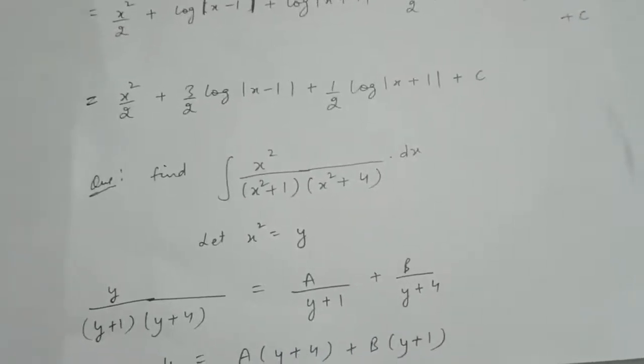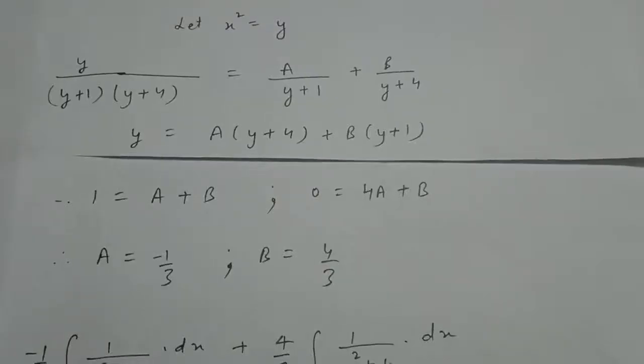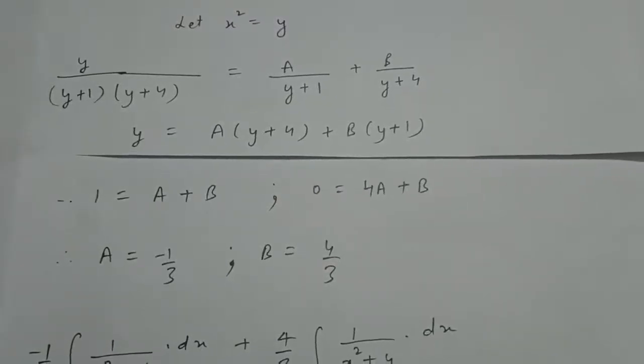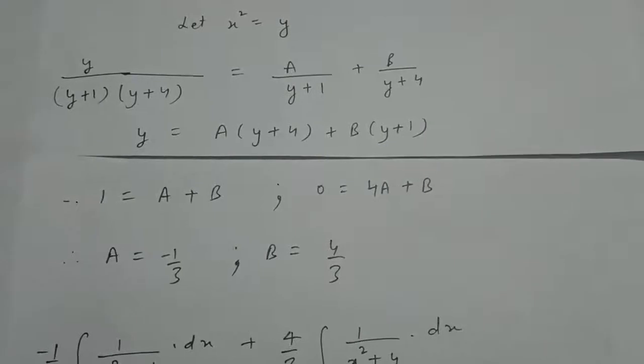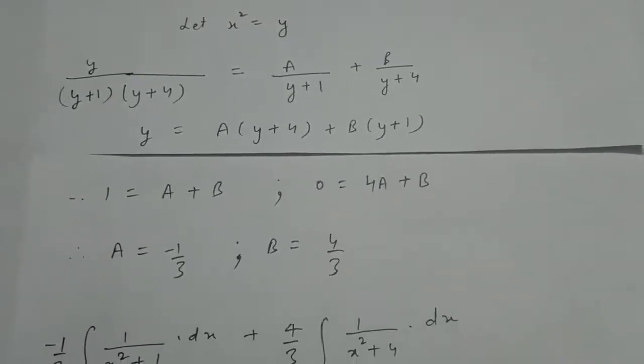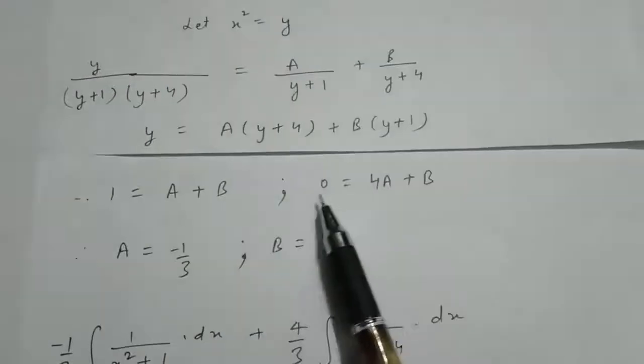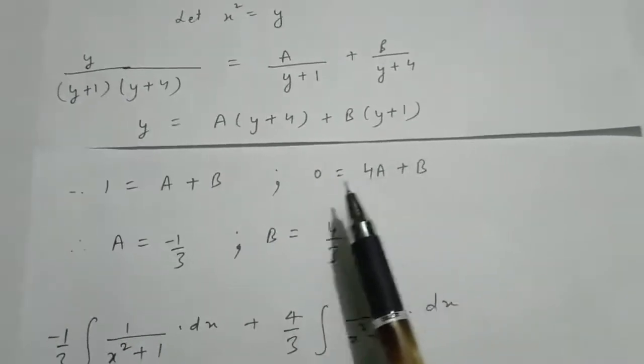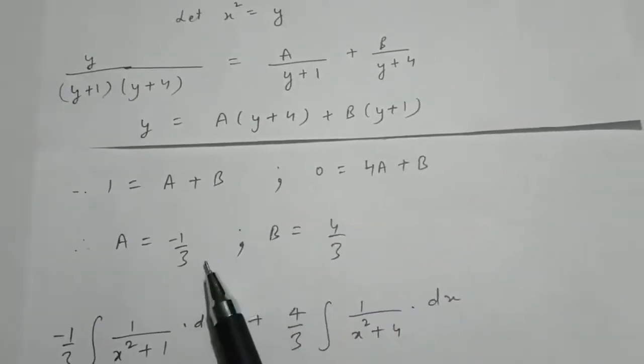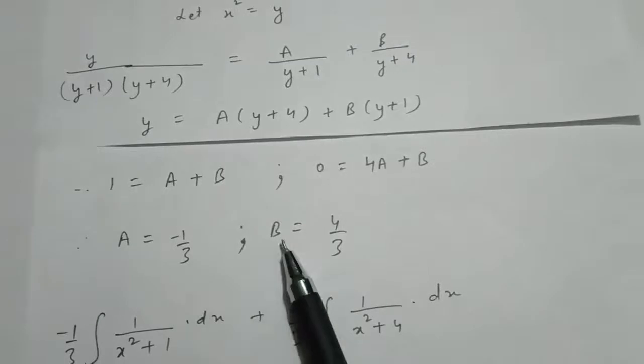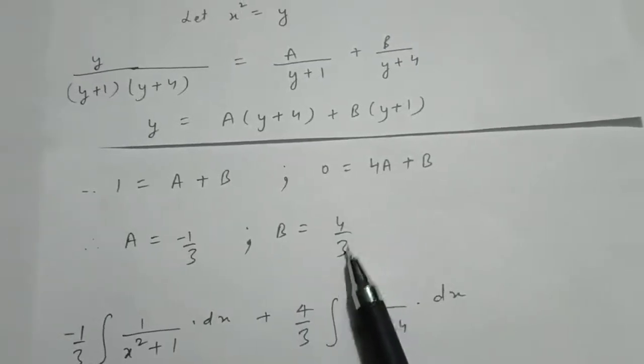Now find the value of a and b. Compare the coefficients of y on both the sides and the constant term. So you will get 1 equal to a plus b and 0 equal to 4a plus b. After solving these two, you will get a as minus 1 by 3 and b as 4 by 3, right?